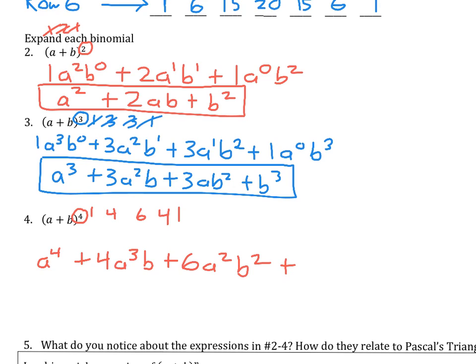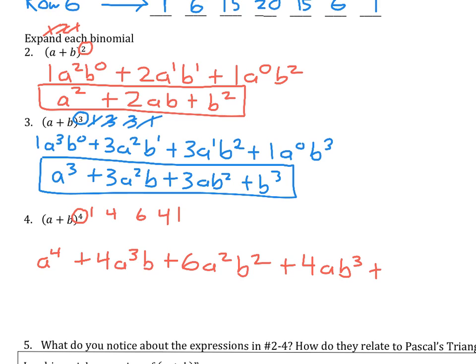And now it's going to happen again. We only want 1 a and 3 b's, so the exponents add up to 4. On the previous problem, the exponents always added up to 3. And on the problem before that, the exponents always added up to 2. Okay, and the last coefficient we want is 1.